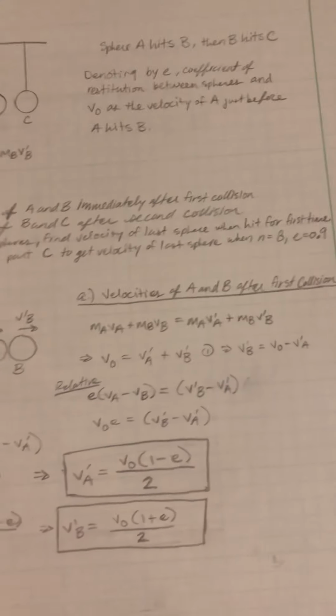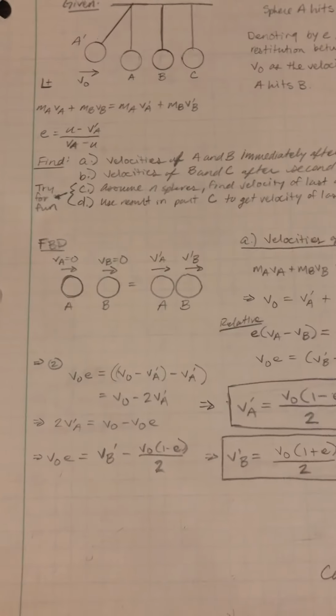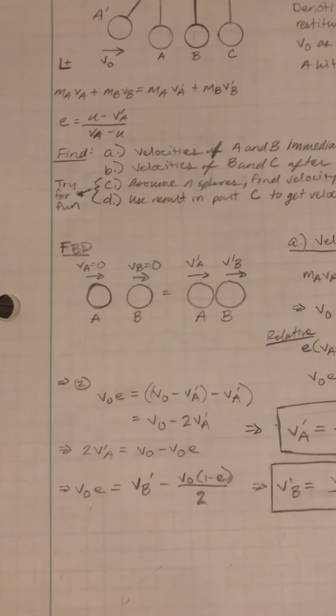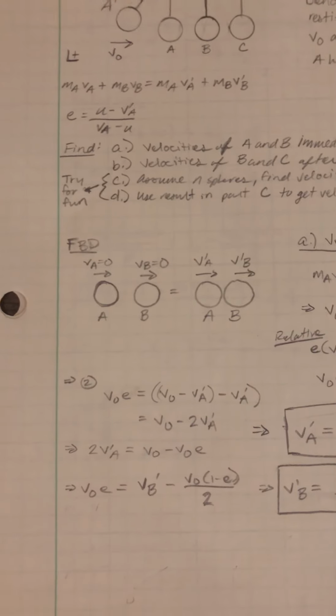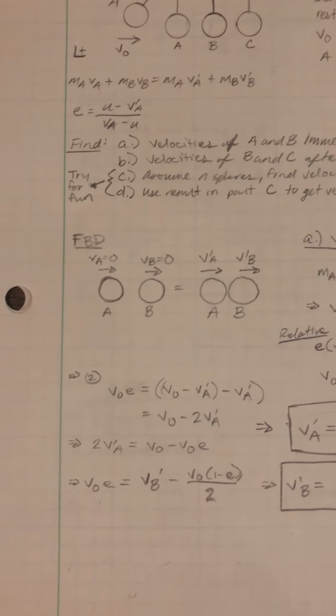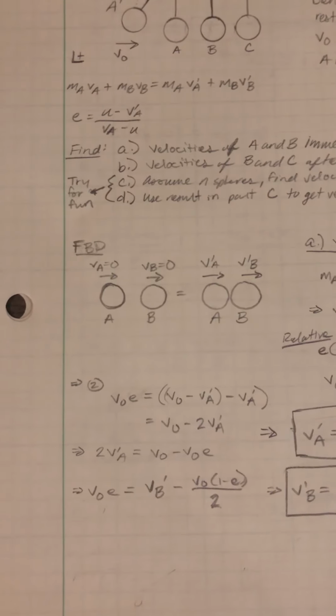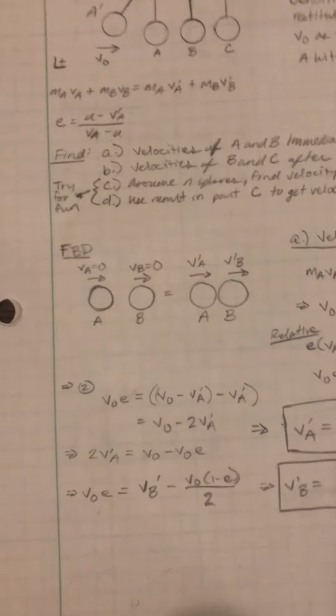To solve for parts A and B, we set up a free body diagram as before, where before the collision is equal to immediately after the collision.